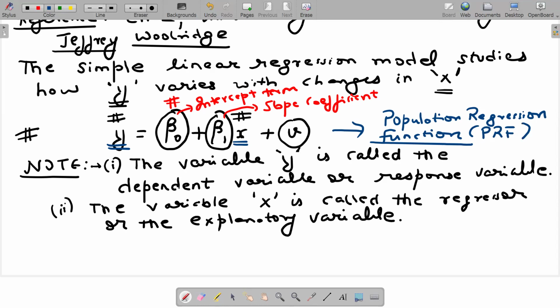Further, I can add that beta naught is called the intercept parameter.